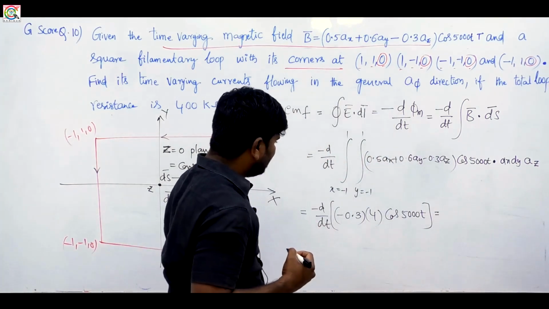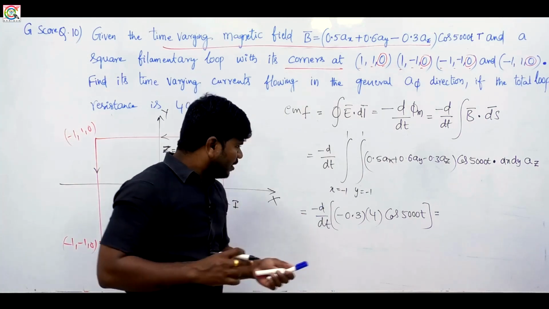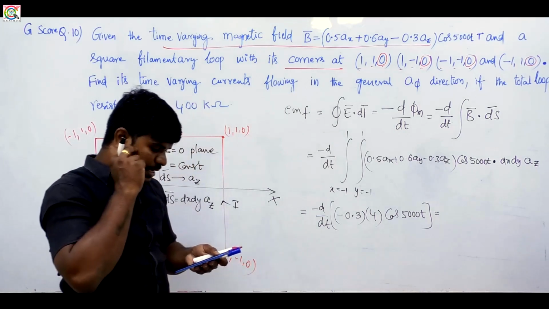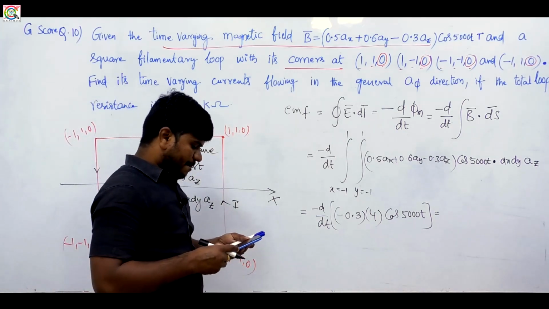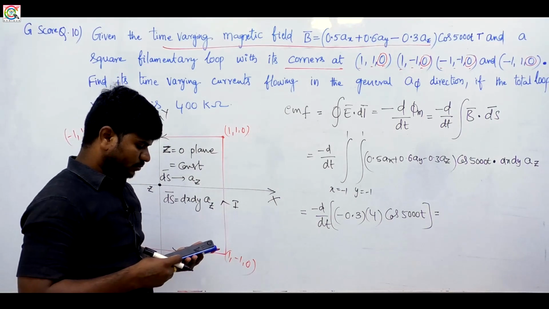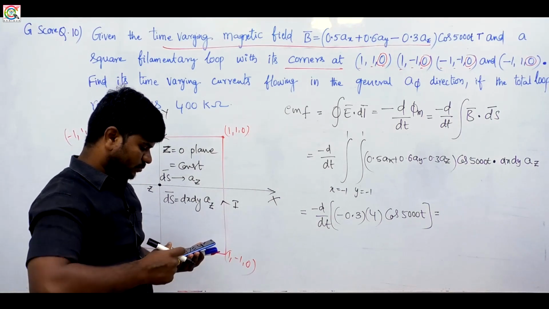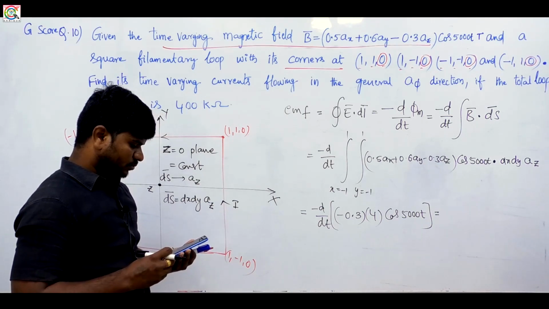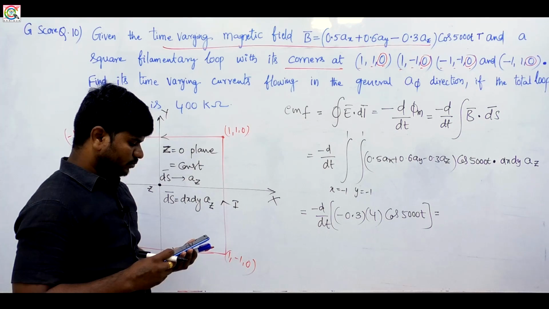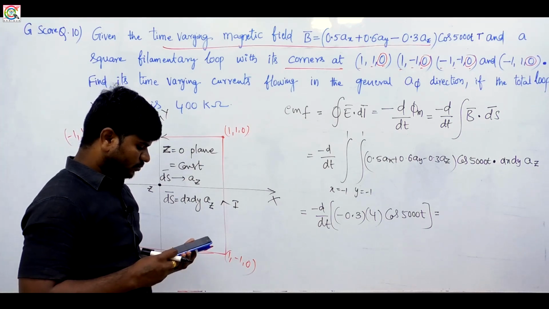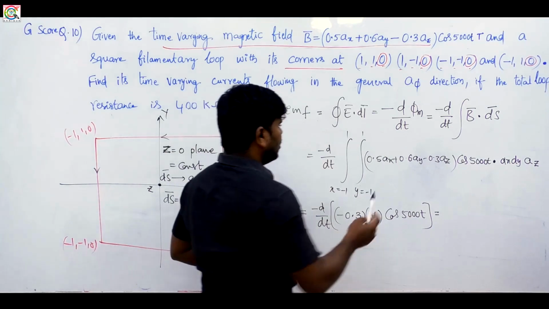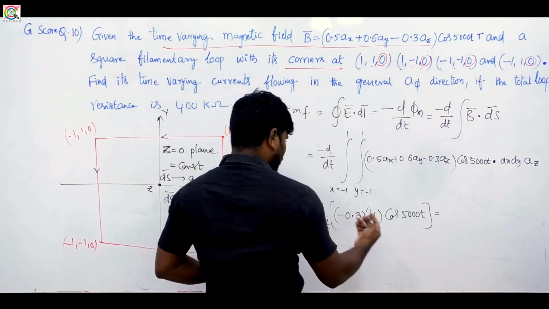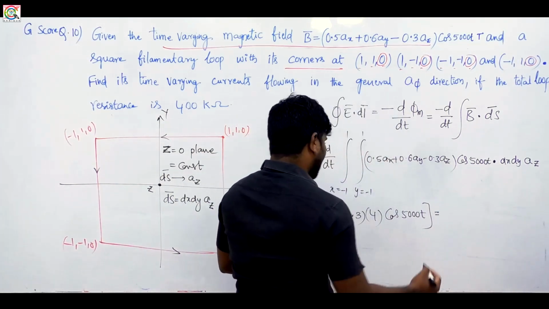Now if you simplify this answer, here you will get minus 0.3 az, cos 5000t. This minus is already there.